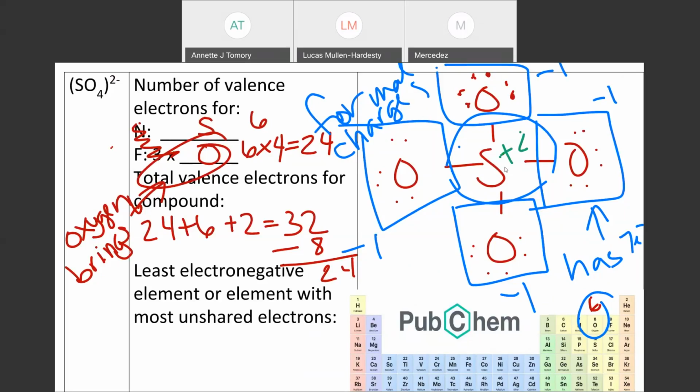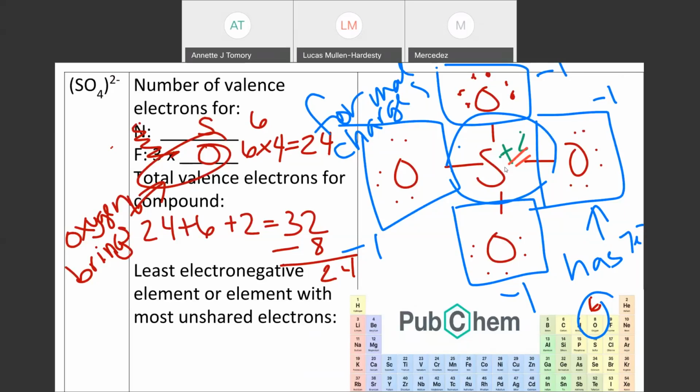So if we start thinking about it in that way, what's the easiest way to get rid of that +2? If it has a +2, in order to make it a 0, what does it need? If it has a +2, it's missing 2 electrons.